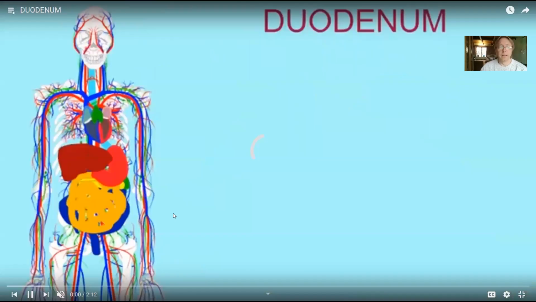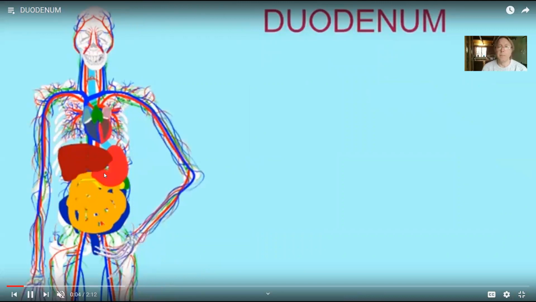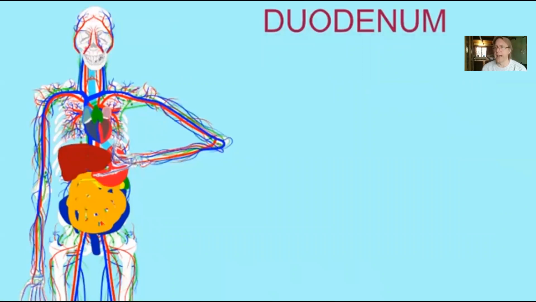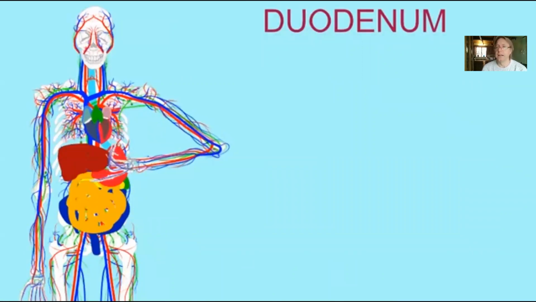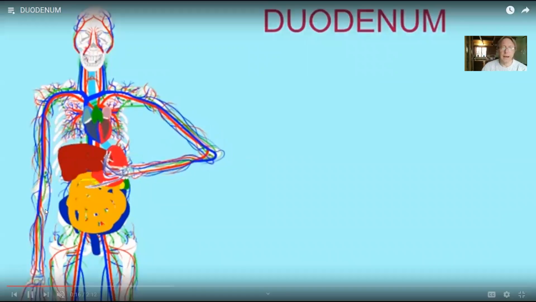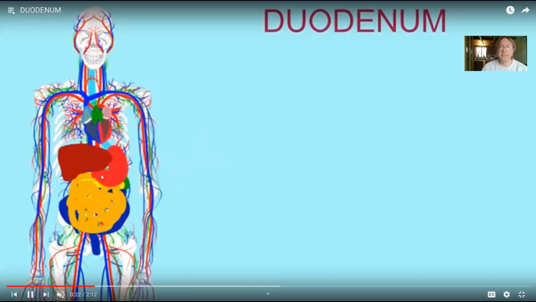So this first region of the small intestine, known as the duodenum, I think its name literally means 12 fingers in Latin, because it's the shortest region of the small intestine, maybe 12 fingers in length. This is a busy region.